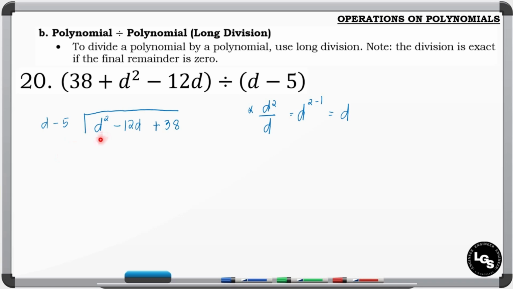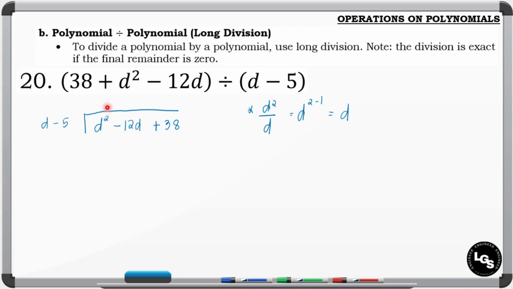So again, divide first the first term of your dividend by the first term of your divisor. So d squared divided by d. Then we write at the top the quotient of that operation. In this case, d squared divided by d is equal to d.